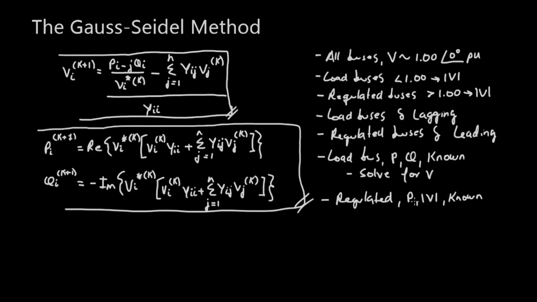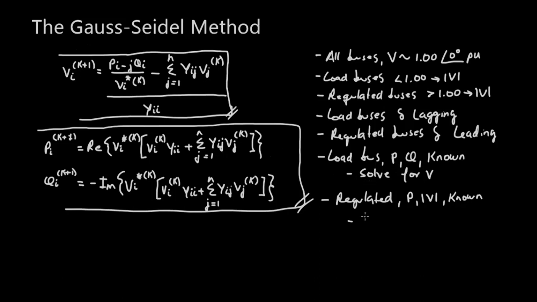So now you don't know the angle for that voltage and you don't know the reactive power. So what you need to do for a regulated bus is you need to solve for the reactive power Q here, again using an initial guess for V_i, and then you can use that calculated value and plug that into this equation and calculate the voltage.